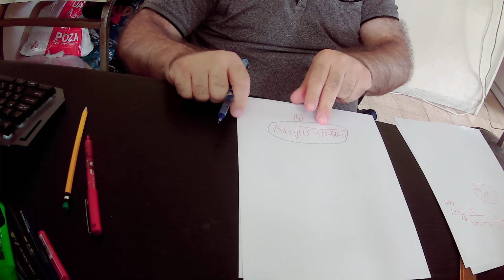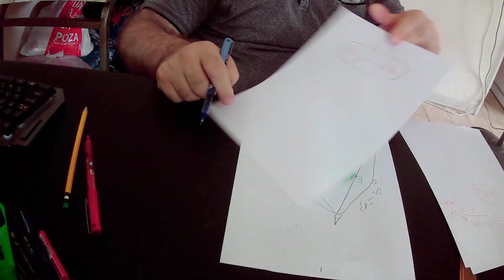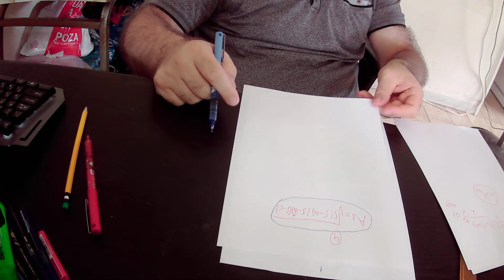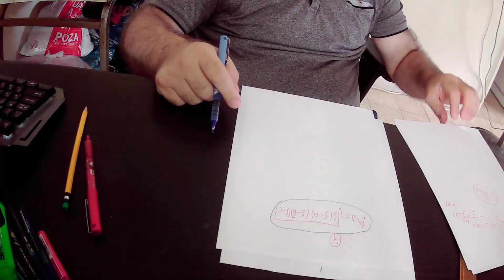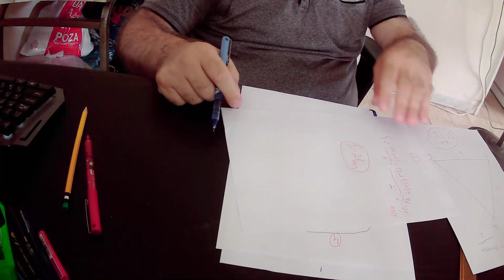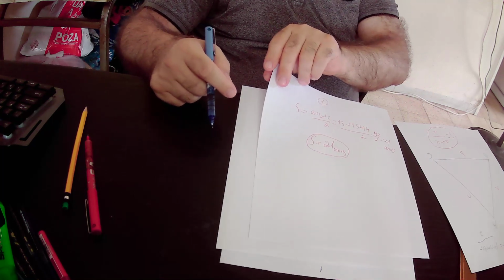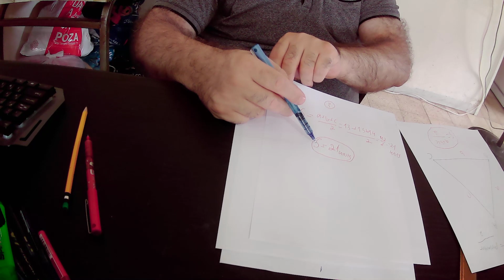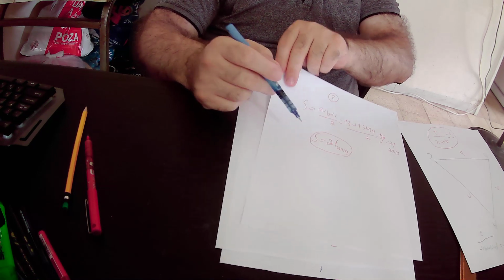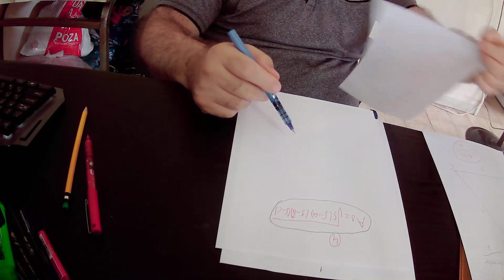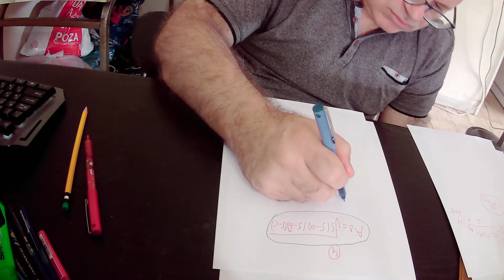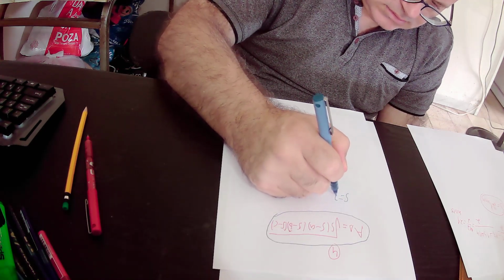So we know that in our triangle ABC, we have already found out that the semi-perimeter of our triangle ABC equals 21 units. So S equals 21 units.